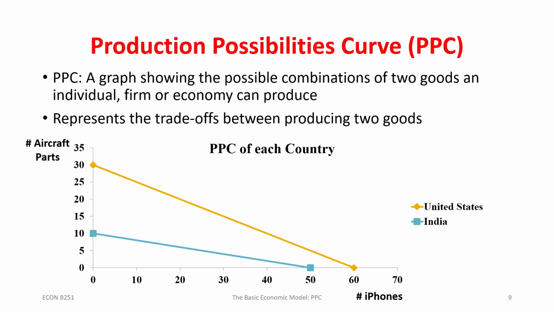Same kind of thing. What would 1 over the slope be for them? 1 over 5, or 0.2 aircraft parts. So when it comes to iPhone production, who has the lower cost? We would say that India has the comparative advantage in iPhone production, whereas the US had the comparative advantage in aircraft part production.